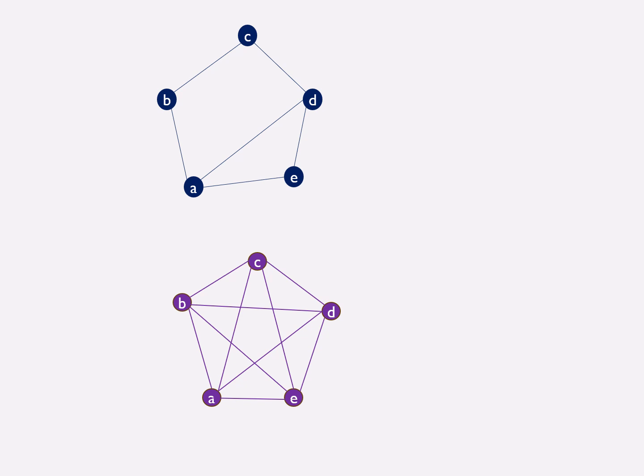Now you will not get any pair of vertices with no edge in the second graph. So the second graph is a complete graph on 5 vertices. We call this graph K5.